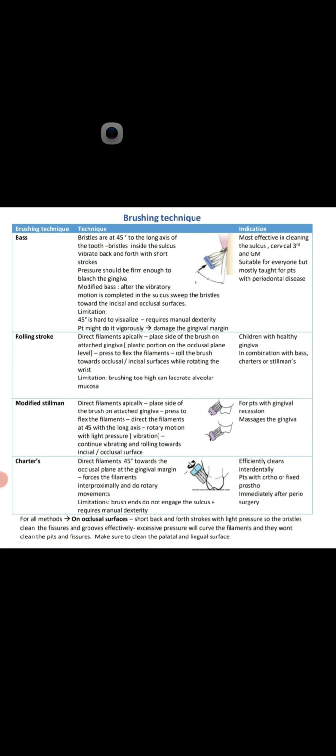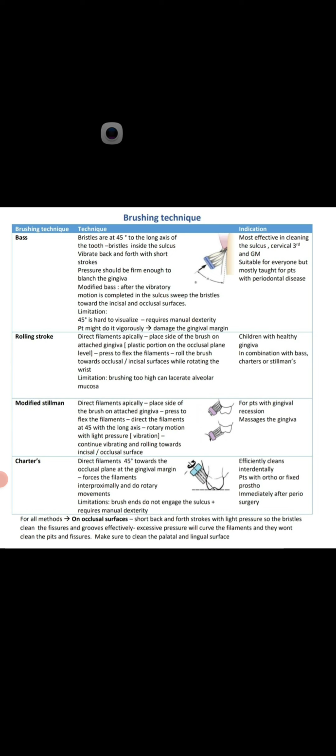Because mostly men do massage, remember by Stillman massage. With massage of gingiva, there will be regrowth of gingiva and the gingival recession will decrease. Stillman means massage.